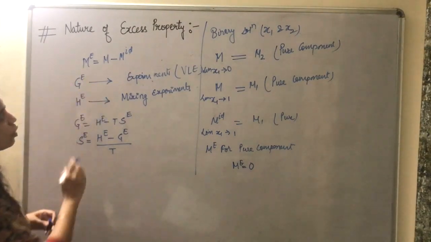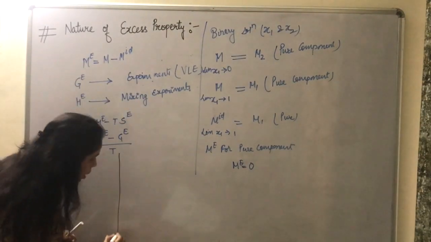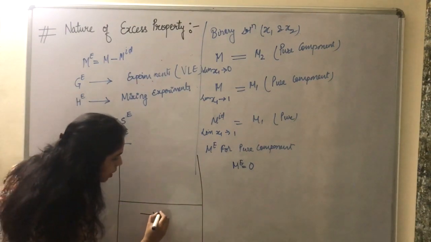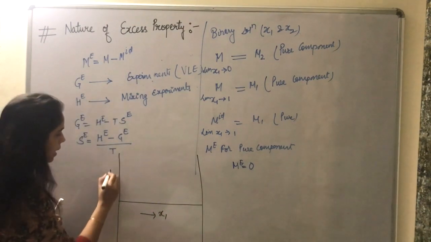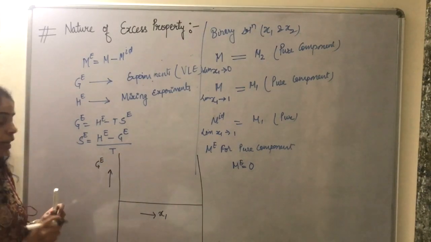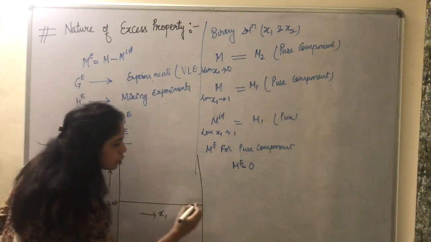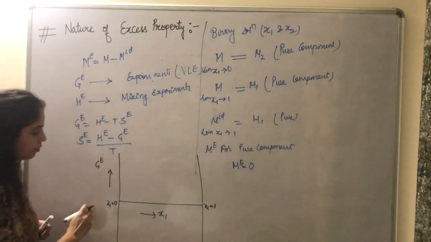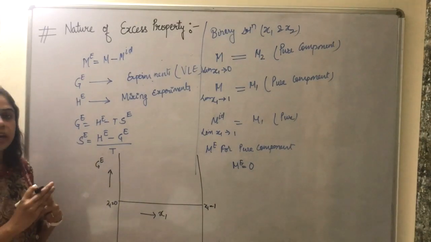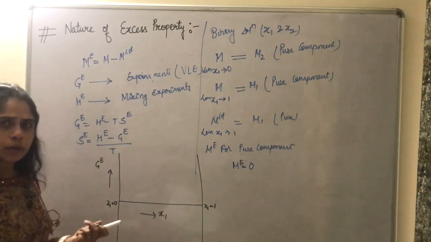Now to understand the nature of excess Gibbs free energy, कैसे आप understand करोगे? Let's draw the graph with respect to composition. On the x-axis we have x1 and here we have GE. यहाँ पर x1 is equal to 0 and x1 is equal to 1, two limits हैं, and GE, excess Gibbs free energy, can be greater than or lesser than 0. कुछ भी हो सकता है.